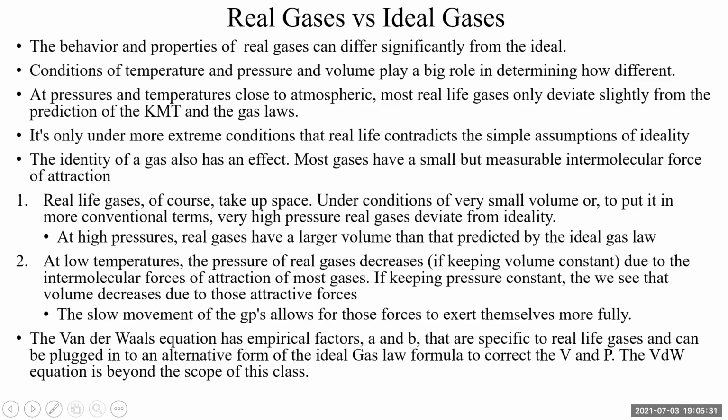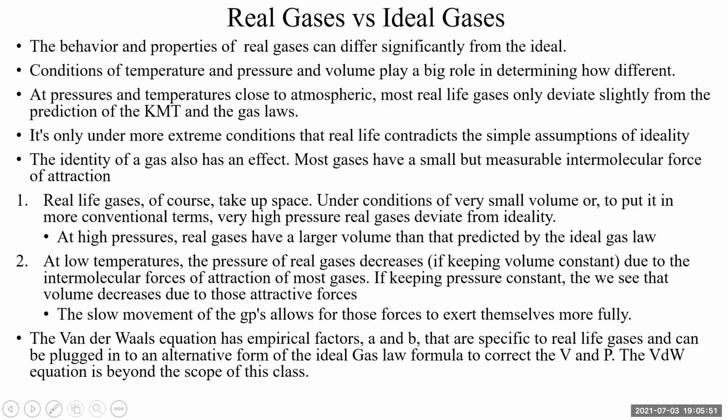But if they slow down, that reduction in kinetic energy allows for the attractive forces to take hold, and you might actually see gases group around each other or not bounce off with as much energy as they had before the collision.